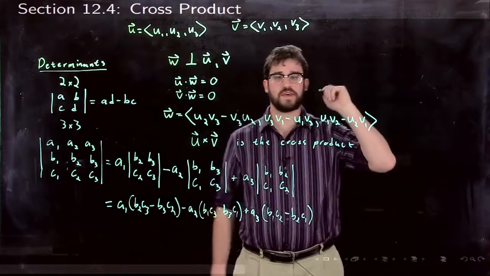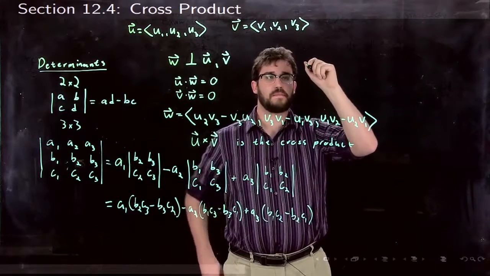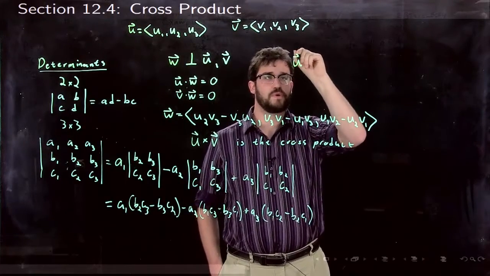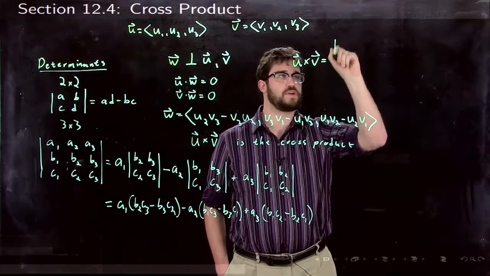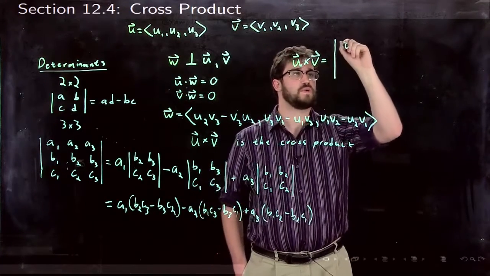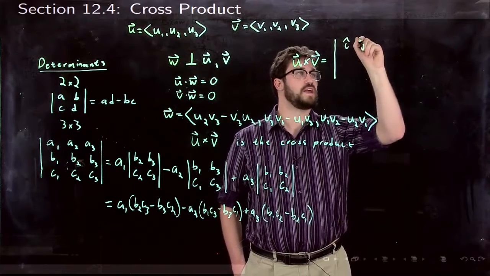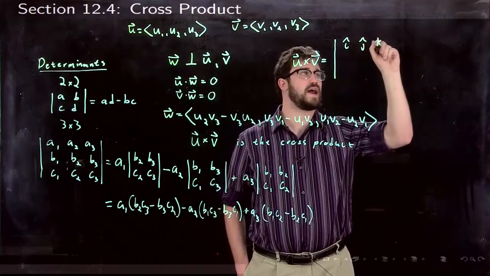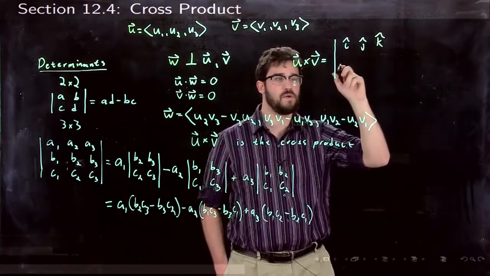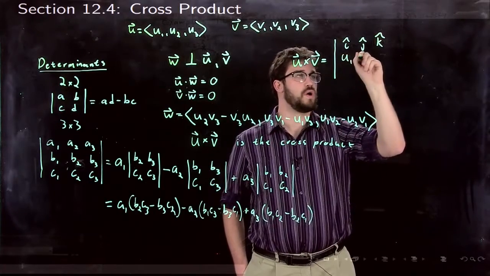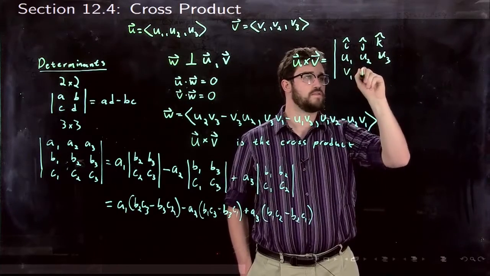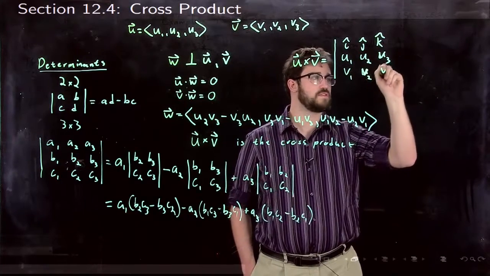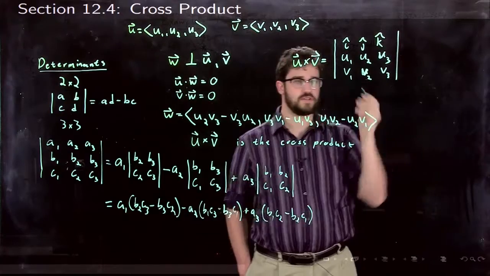So, we can calculate the cross product in a much nicer way by saying u cross v will just be as if we created this matrix with i hat, j hat, and k hat as the top row, and then u1, u2, u3, v1, v2, v3, and we took the determinant.